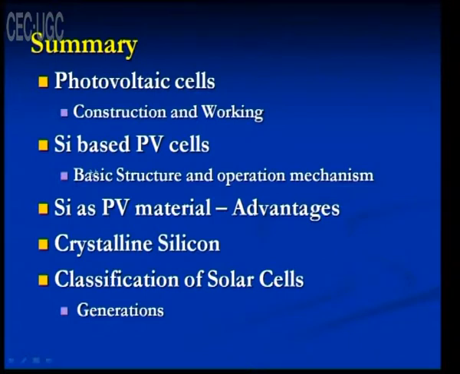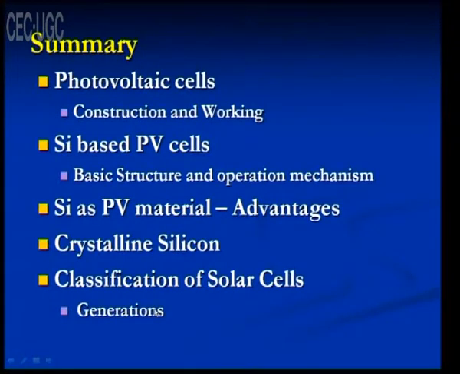Then we moved on to specifically the silicon based PV cells, its basic structure, the operating mechanisms were discussed, and the advantages of using silicon as the photovoltaic material for the construction of the photovoltaic cell were discussed in detail.